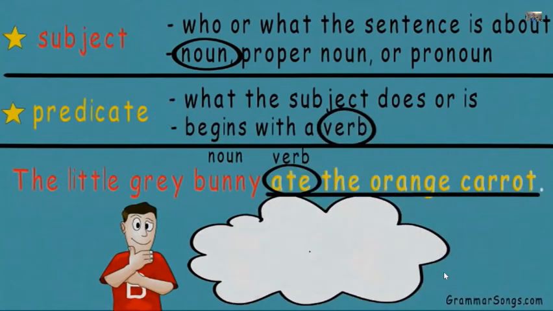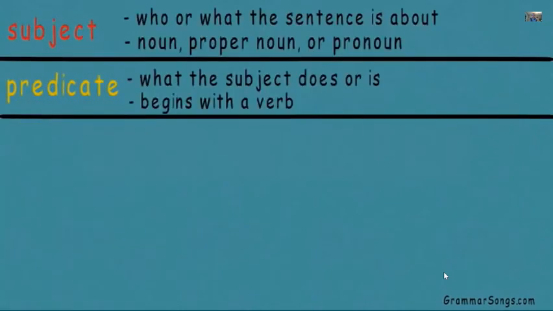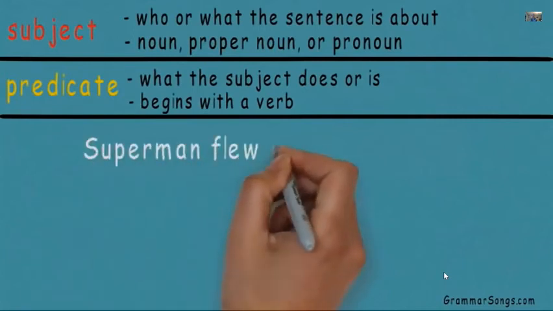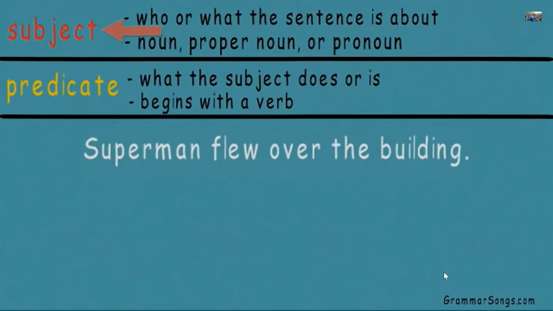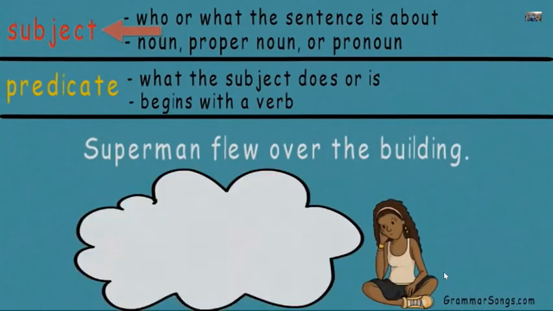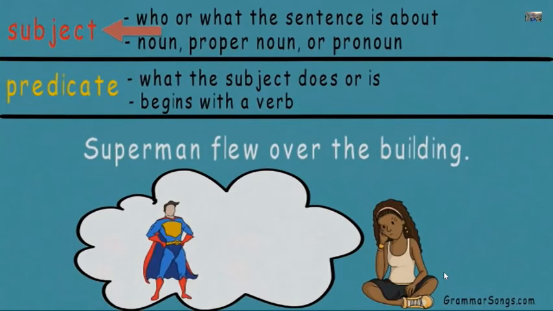Hey, come back here. Let's practice identifying the subject and predicate again. Superman flew over the building. First, let's find our subject. Who or what is this sentence about? Well, when I read this sentence, I get a picture in my head of Superman.